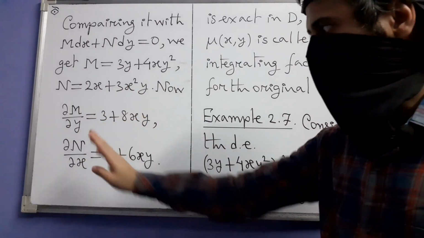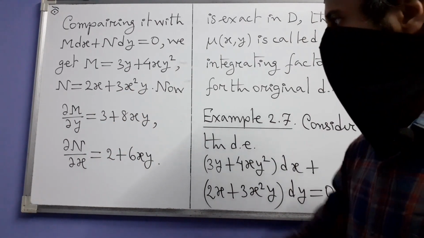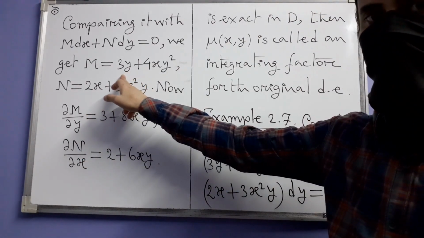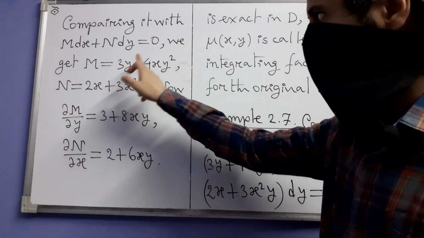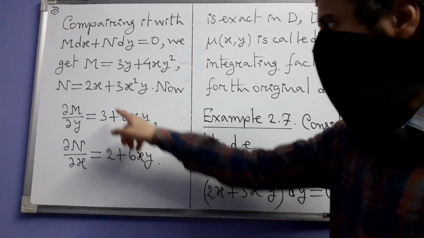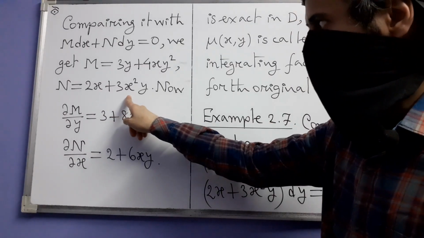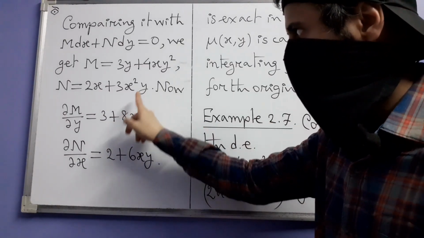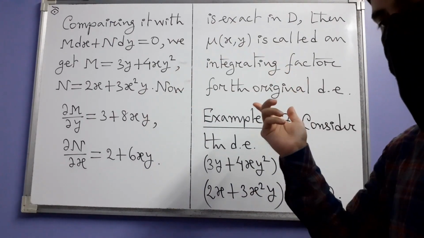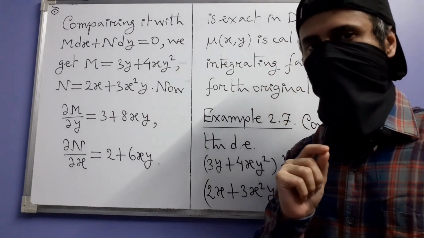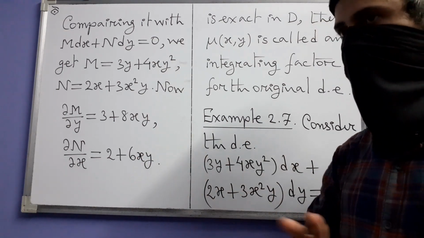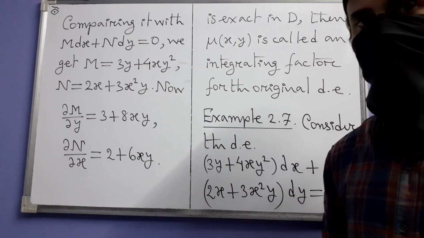So then we calculate these partial derivatives. Del M del y, here we are differentiating partially with respect to y, so we are going to get 3 plus 8xy, and differentiating N partially with respect to x would give us 2 plus 6xy. Now unlike the previous case where we got 1 and 2, here we cannot straight away say that for all x and y these two are going to be different.